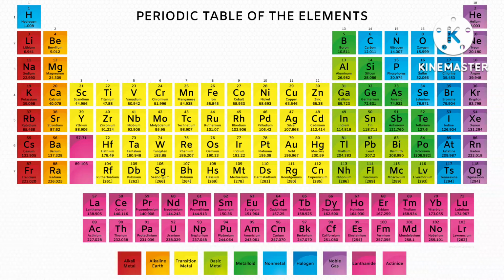Then you will get the empirical formula mass. For example, you have CH2Cl: C means 12, H2 means 2 into 1.008, plus 35.5 for Cl. If you add all, you will get 49.48. This is actually the empirical formula mass.